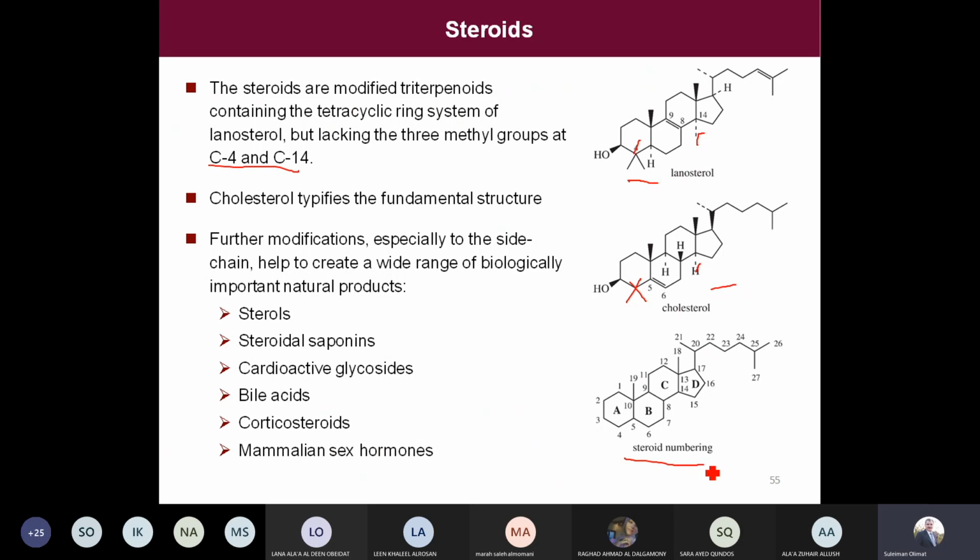This is also the official steroid numbering system, whether we talk about a triterpene or not a triterpene. Most important is that carbon number 4 and number 14 are the most important here.